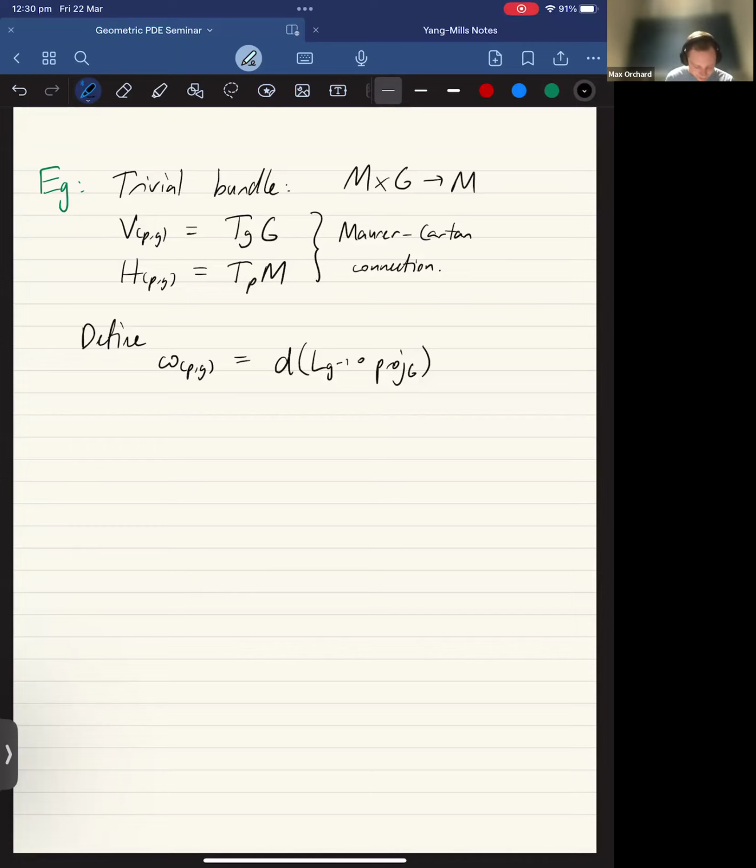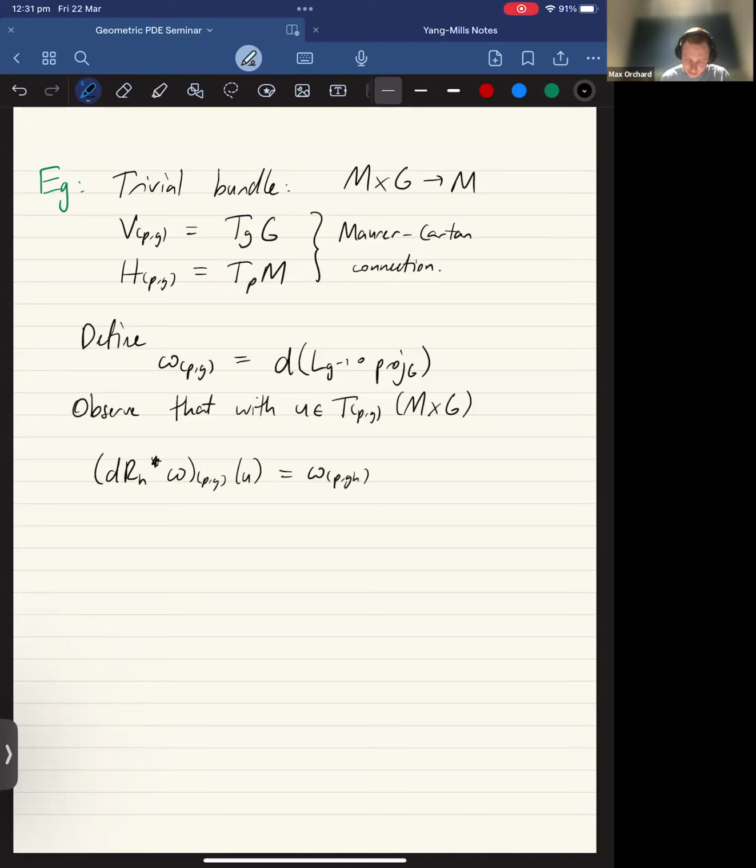And also, if we take some vector in this tangent space, we're going to verify the right invariance property here. So if we look at some H, which is going to be the thing we multiply with right invariance, this by definition is going to be this.